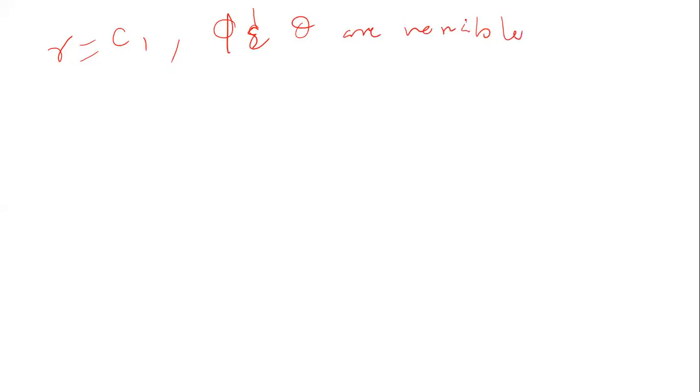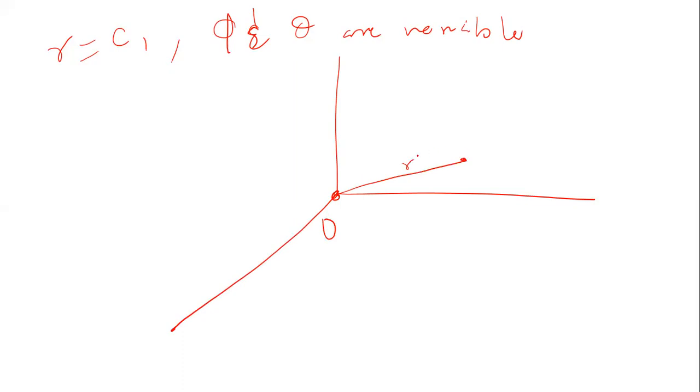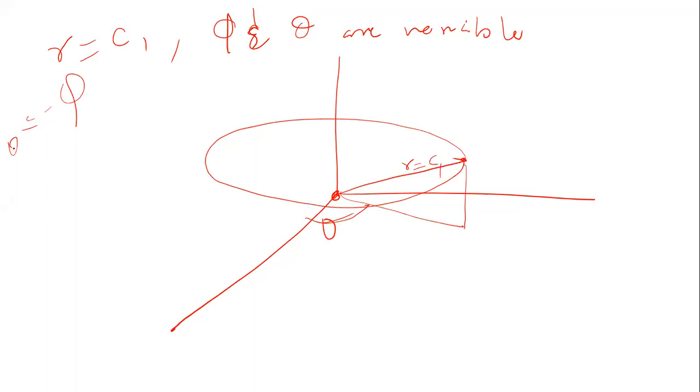If you fix the value of r, the distance from the origin, this is the origin, and the r value is fixed, a certain radius, and now if you vary your phi here, if you drop a perpendicular, you are moving around the circle. You are rotating your phi from 0 to 2 pi. You are making a circle.